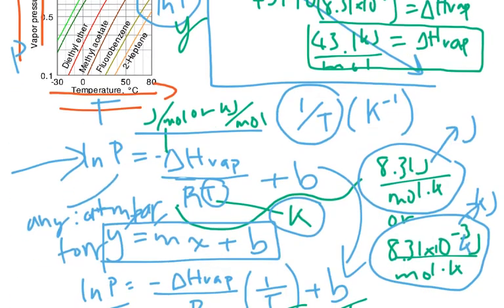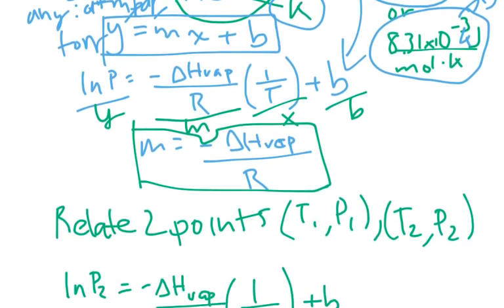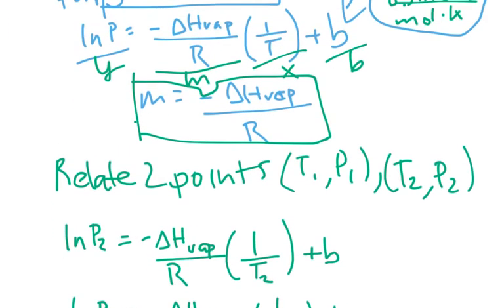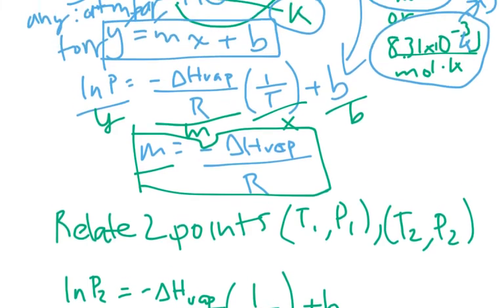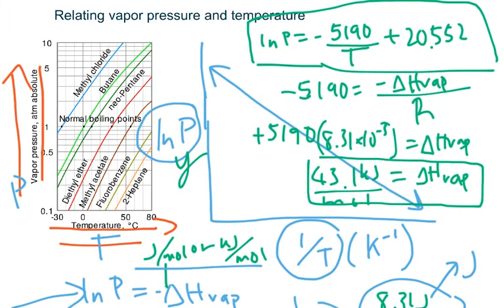So we know that the slope of the line is equal to negative delta H of vaporization over R. The slope of this line is negative 5190, because the T at the bottom is simply 1 over T, which is our x. So this is y, that's our x, and that's our b, and this is our m.